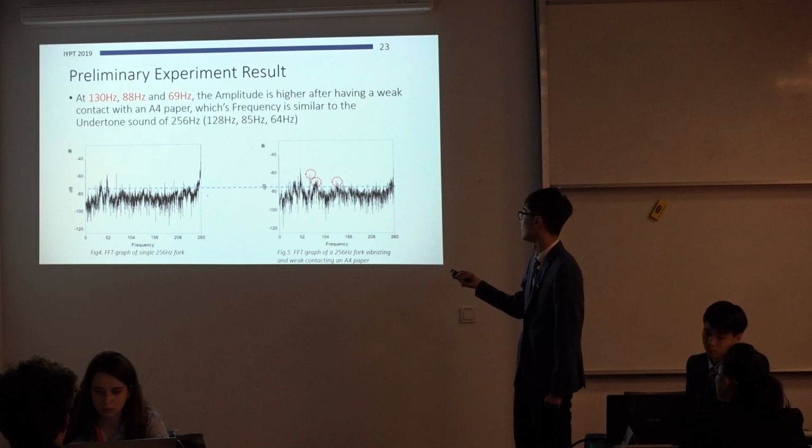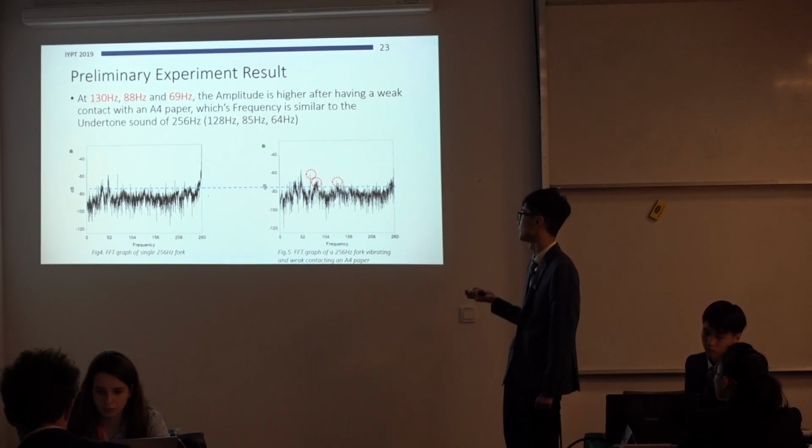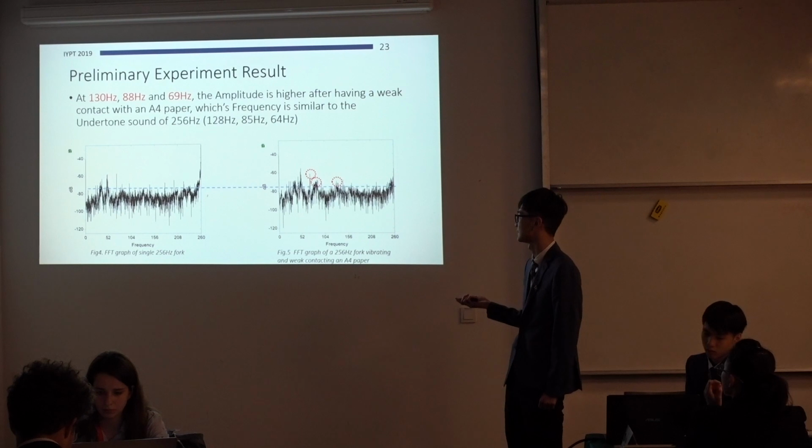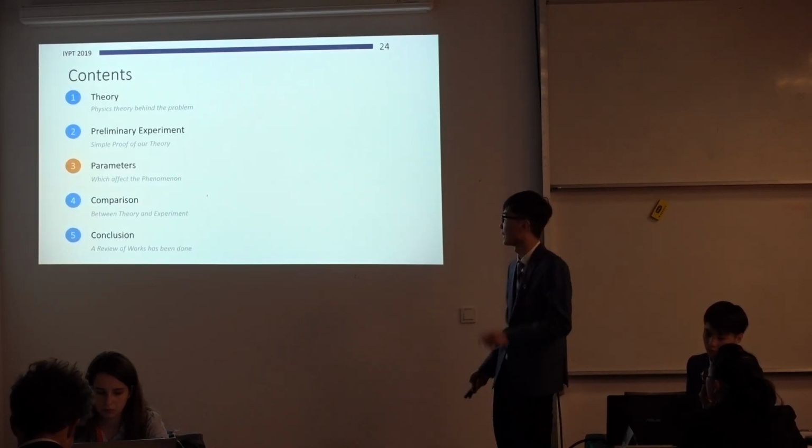At around 130 Hz, 88 Hz, and 69 Hz, the amplitude is higher, and these frequencies are similar to the undertone sound of 236 Hz. So after that, we will do some parameter tests to further investigate.